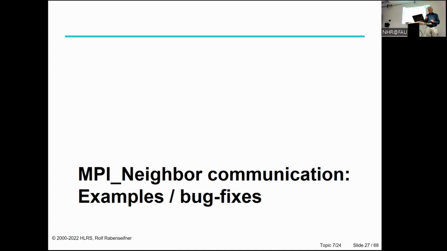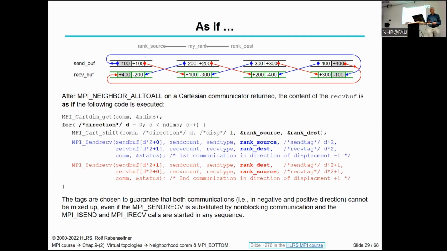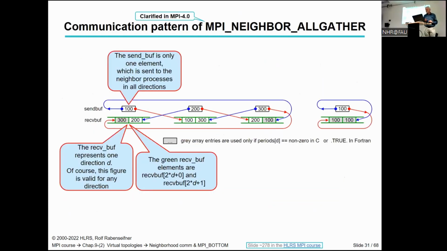And the result is we added additional examples in the MPI standard and also how to implement it, when you want to implement it. And nowadays, in principle, MPICH and Open MPI have really fixed it. It may be that vendor implementations are still very slow to fix this bug. Then that slide, that was the bug that was seen.